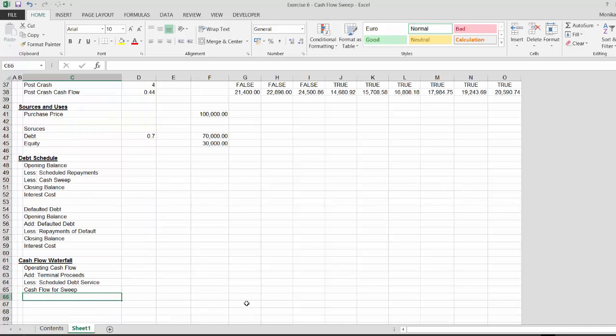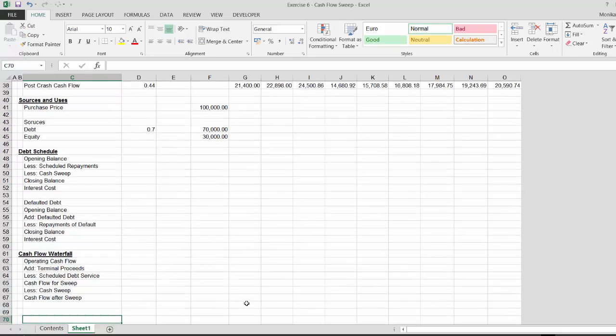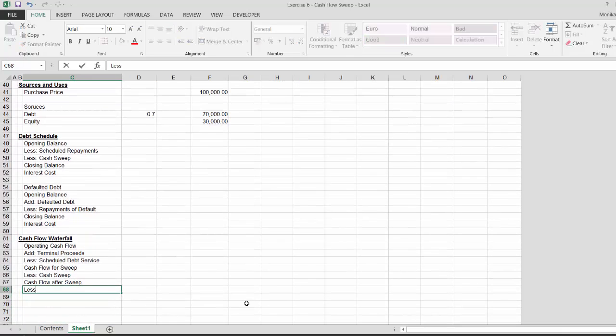If it's negative, okay, why don't we put less sweep, and then we can put cash flow after sweep, which is just a whole lot of subtotals, and then we can put less cash trapped, and then below the cash trapped we can put the cash after trap.